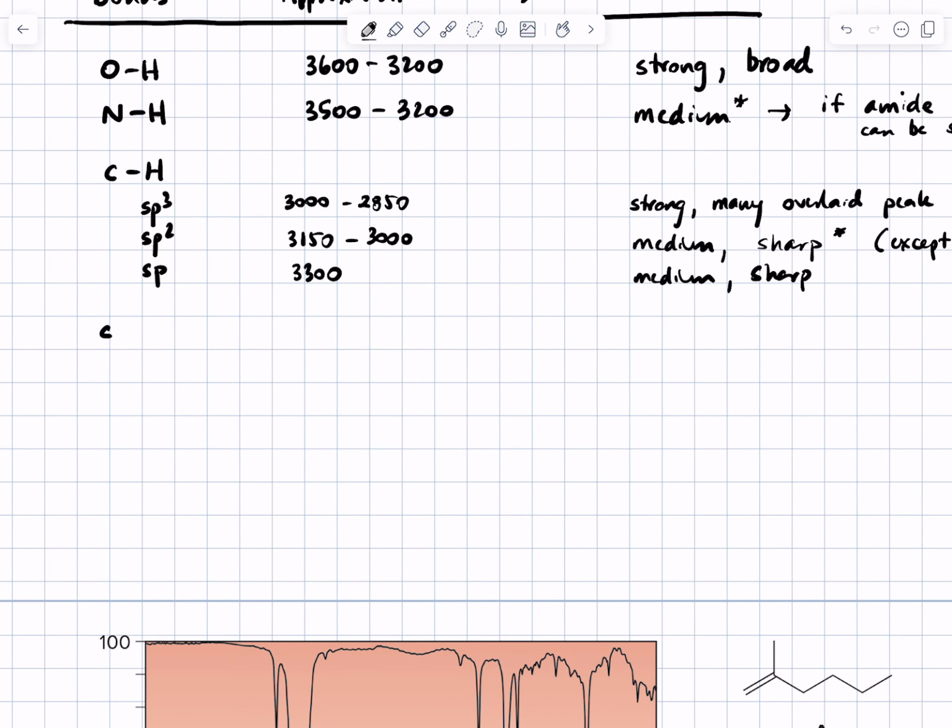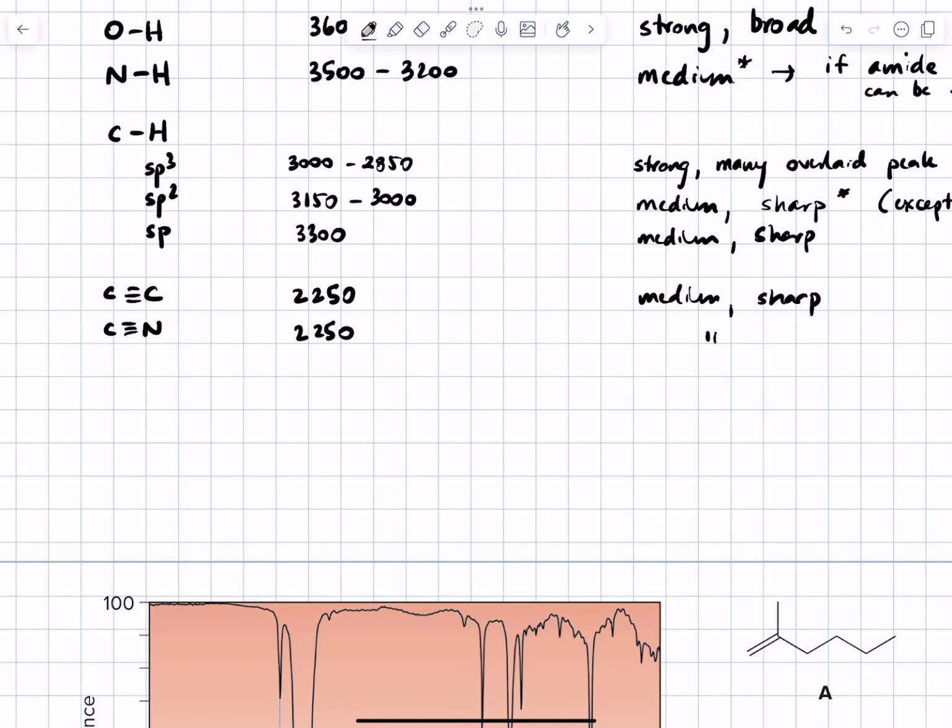Let's see, I told you about carbon-carbon triple bonds. Because they involve carbon and not hydrogen, these vibrate at lower frequencies. A lot of the carbon-carbon types of vibrations are medium peaks, but are sharp. A carbon-nitrogen peak, as in a nitrile, also absorbs in this region with the same general shape. A carbon-oxygen double bond has a characteristic set of frequencies from like 1800 to around 1650. This is one of the easiest to recognize.